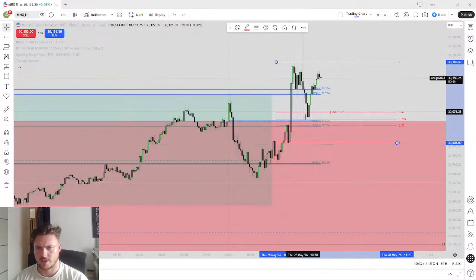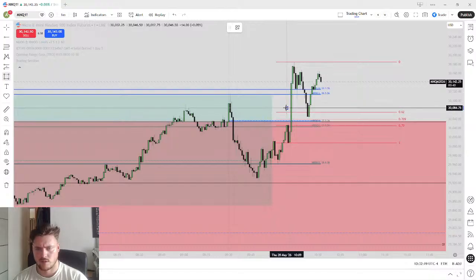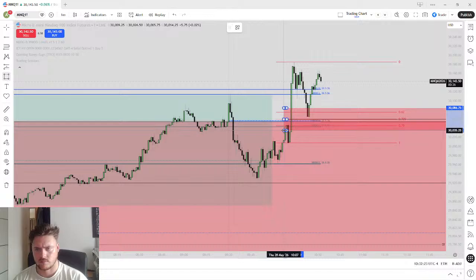Low, high, dealing range, inefficiency of the fair value gap, stays in the upper half of that.